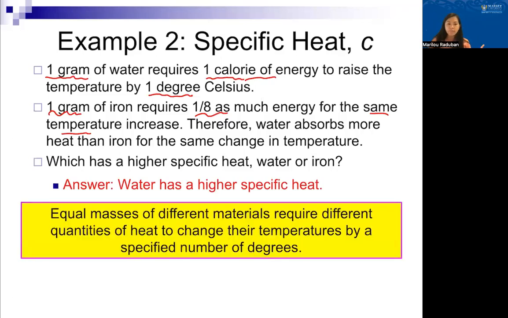Equal masses of different materials will require different quantities of heat to change their temperatures, and that depends on the specific heat of the materials. Given that the mass is the same and the change in temperature is the same, the higher the specific heat, the more energy is needed to change that material's temperature. Right?